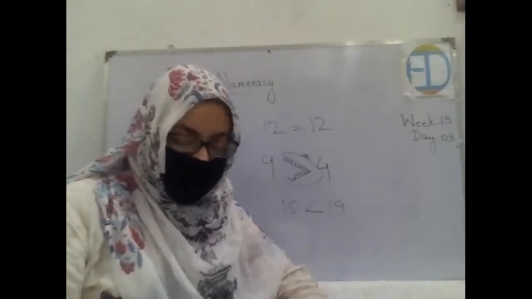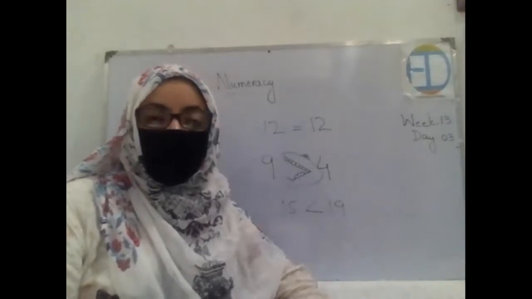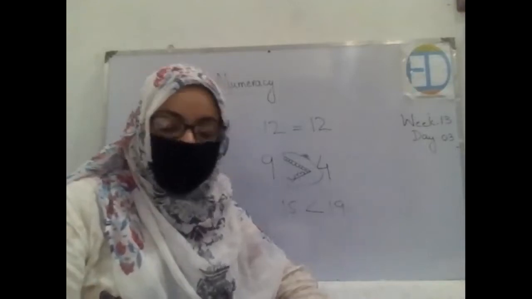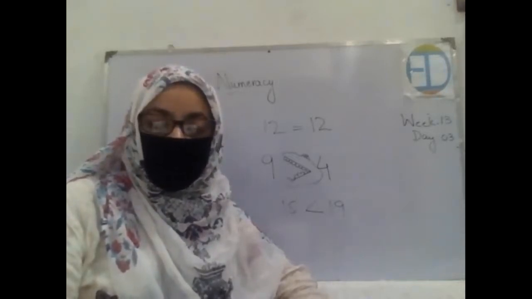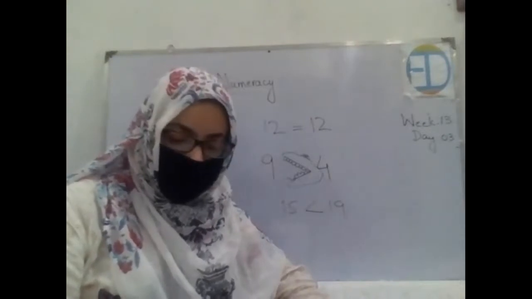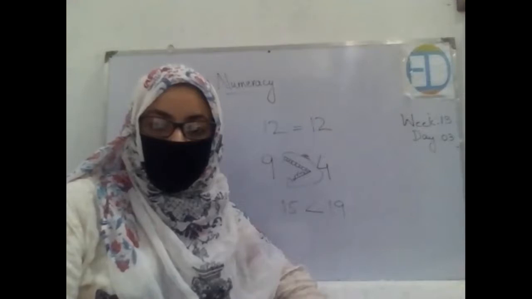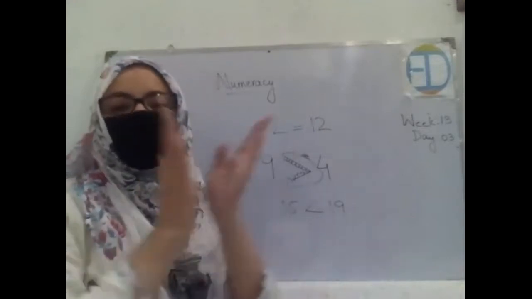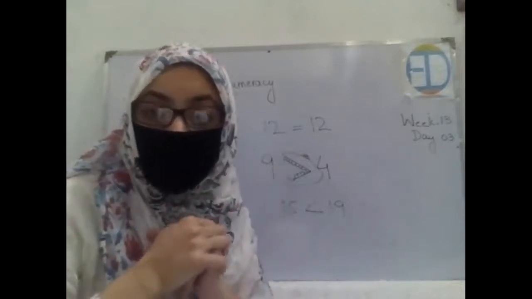Okay. Vasa, you tell me 2 cross 8. 16. Very well done. 7 cross 4. Amna. 28. Very well done. 3 cross 9. Yes, Aliza. 27. Very well done. Okay, so you see, this is how we memorize the tables as well.